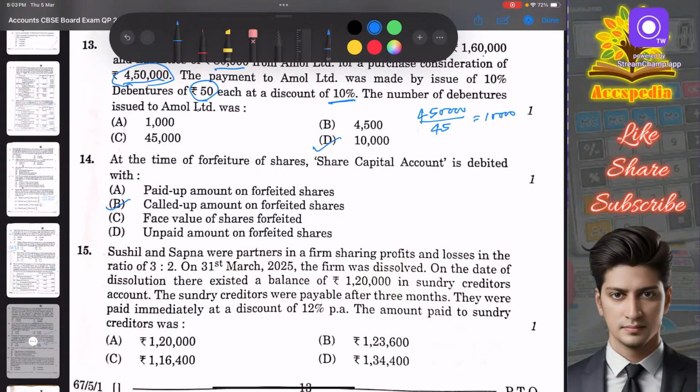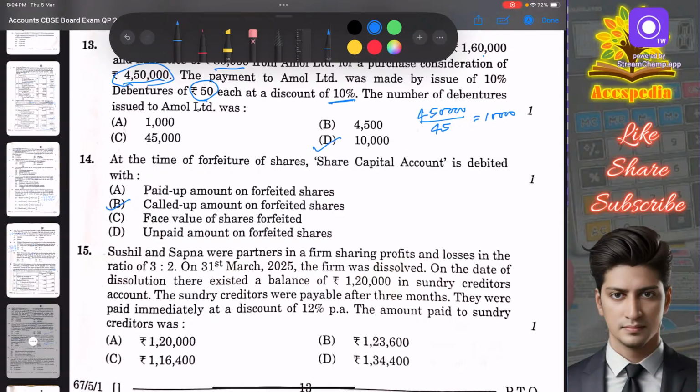The reason is, whatever is called, we would have passed the due entry: share application to share capital, share allotment to share capital, share first call to share capital. So we credit share capital as soon as it is called. If an installment is not called, we don't credit. So you need not debit what is not credited.